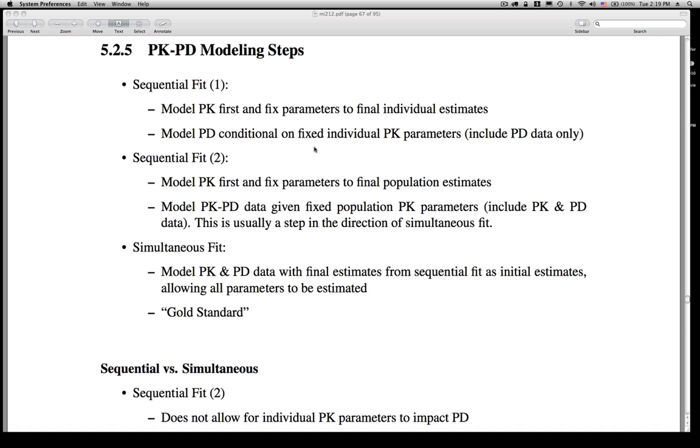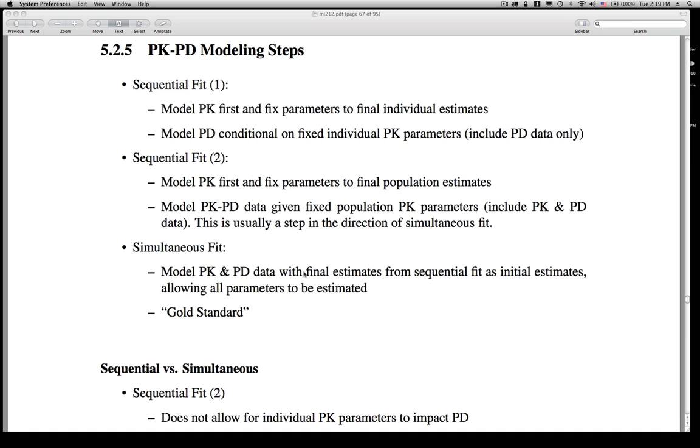In sequential fit 2, we could take a similar approach, but we model the PK first and fix the parameters to the final population estimates rather than to the individual estimates. And then we model the PK-PD given fixed population PK parameters. This is usually part of the process that we undergo if we're moving to a simultaneous fit.